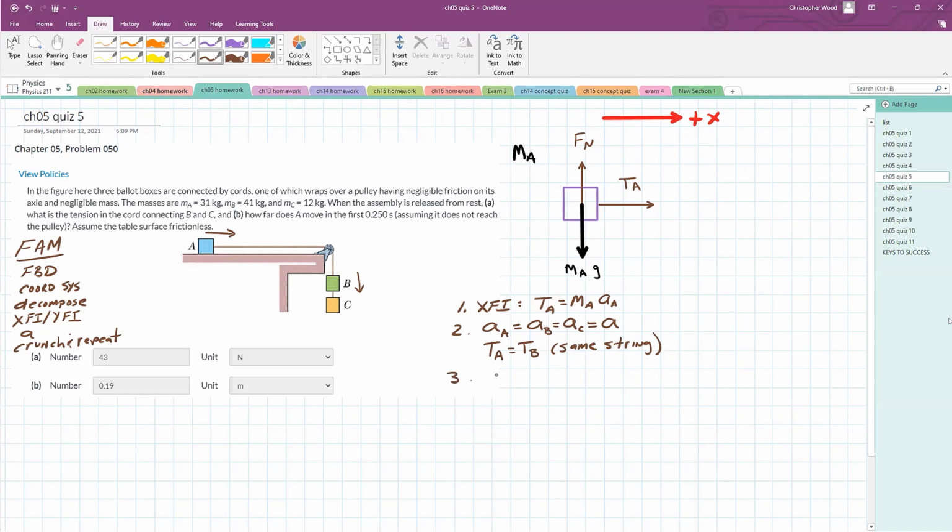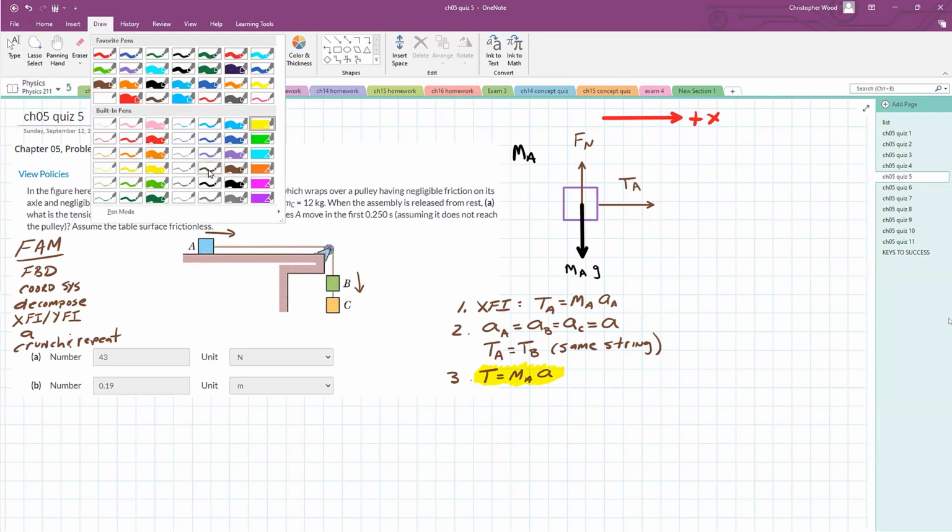The x force inventory for block A yields this. T equals mass of A times a. Okay. We need to find out what's the tension. So that doesn't help us at all. It doesn't help us now, but maybe it will. Anyway, that's the result of an x force inventory for A.